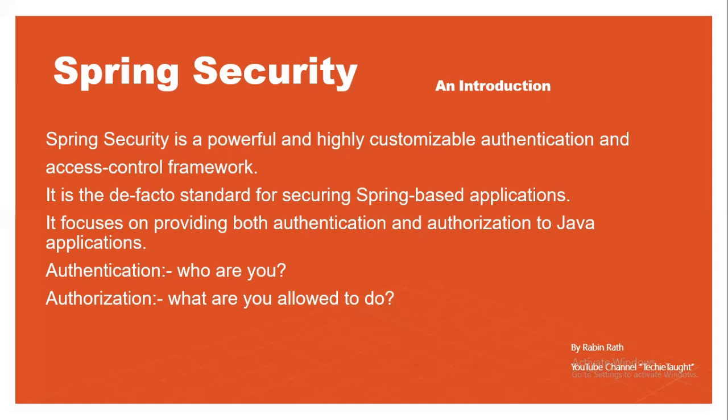That is called authorization. You're authorized to do something, authorized to enter somewhere. Authorization is nothing but setting up roles or permissions or access. Simple. I hope this definition is clear to all of you.